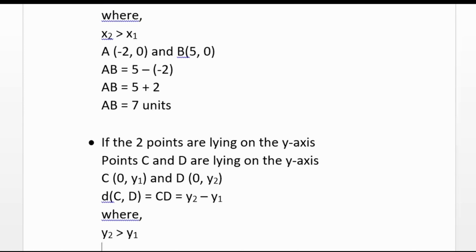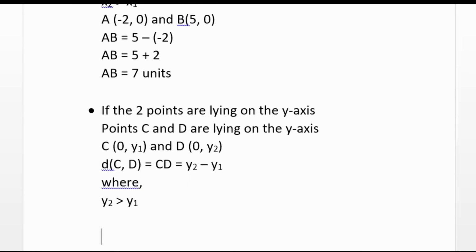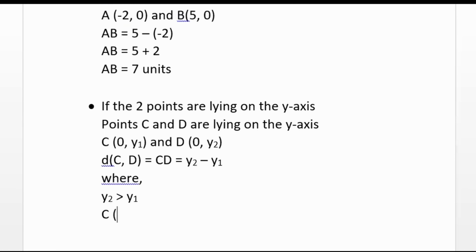Okay, so let's consider an example. Let's assume that point C has coordinates 0, 7, and point D has coordinates 0, minus 4. Between C and D, whose y coordinate is greater?